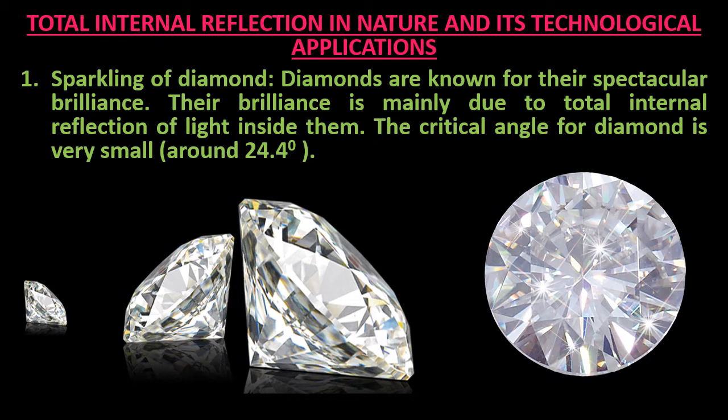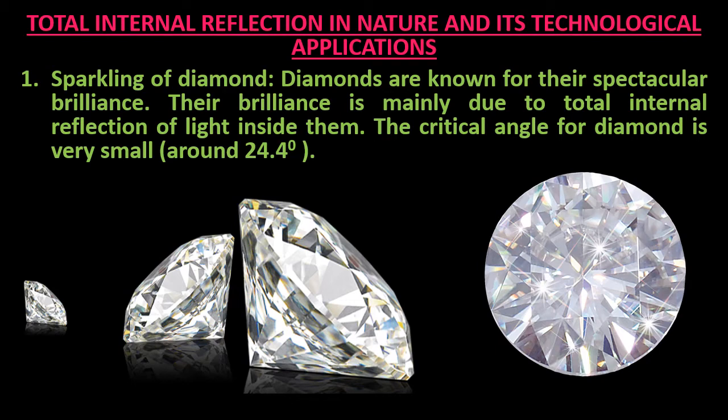The critical angle for the diamond is very small, around 24.4 degrees. So the diamond is cut in such a way that once light enters inside the diamond, that light will suffer multiple total internal reflections and will remain inside the diamond for a very long time.